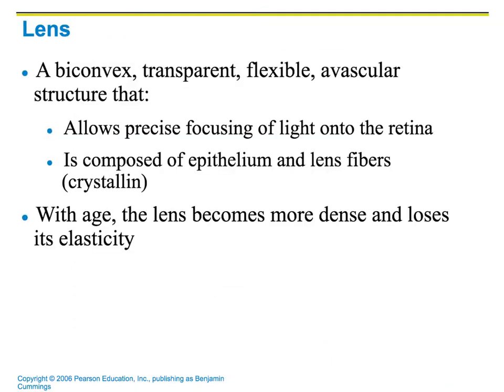Alright, in between these two compartments is your lens. This is a biconvex lens versus a concave lens, which would be shaped more like an hourglass. This lens is flexible. We know it changes shape. And down here we discussed how as you get older, the lens gets more opaque, not as transparent, and not as flexible.